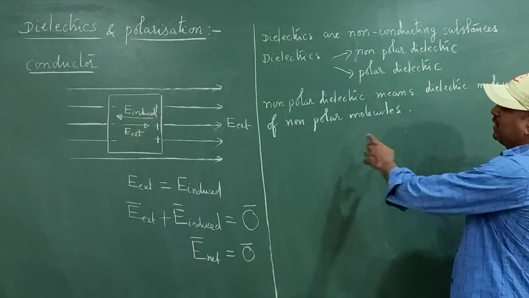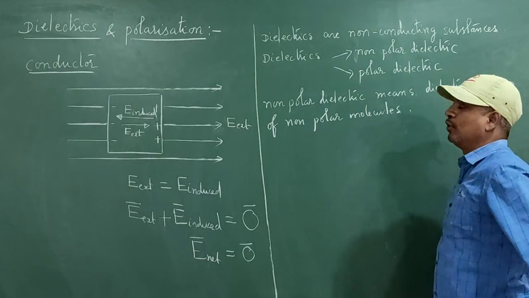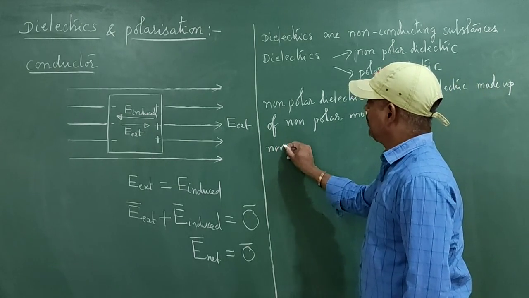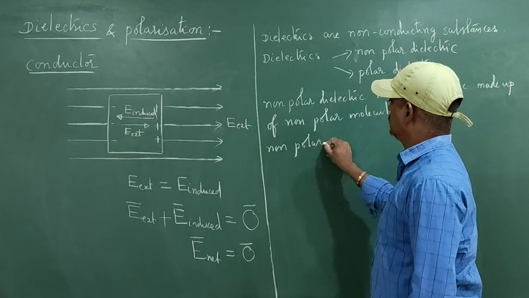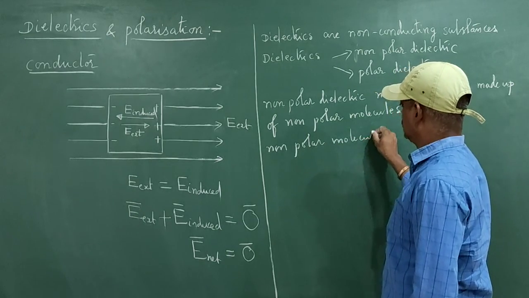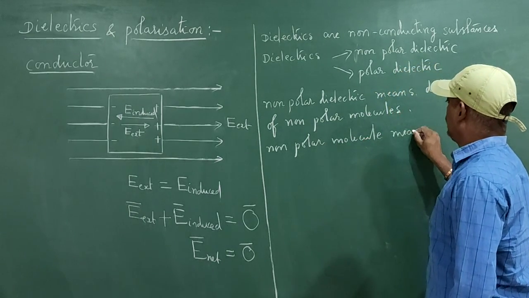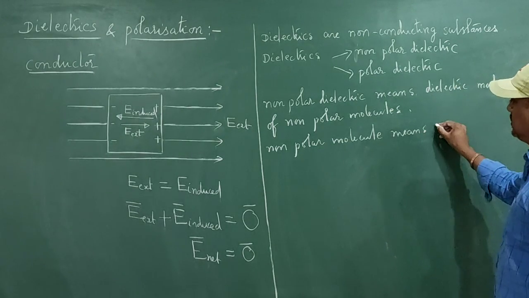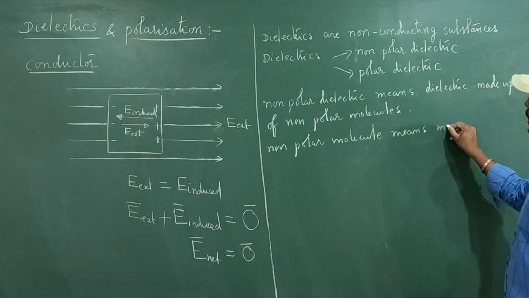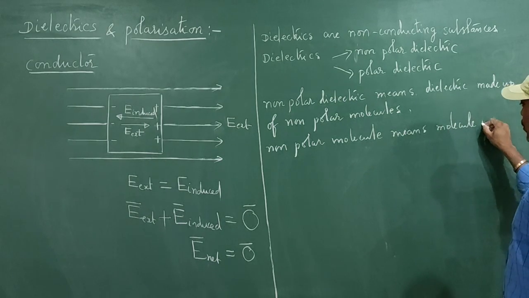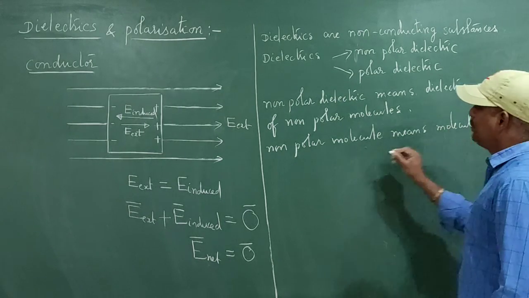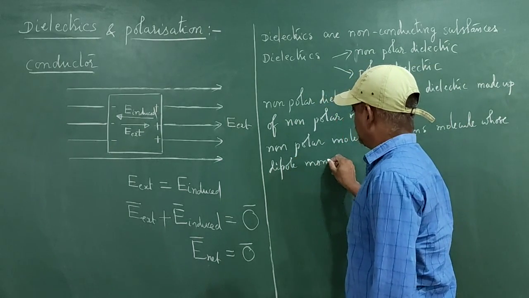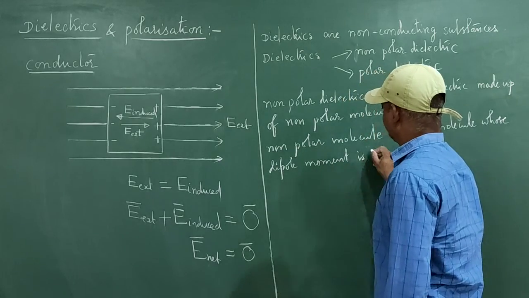Now you might have a doubt: what is a non-polar molecule? A non-polar molecule means a molecule whose dipole moment is zero.